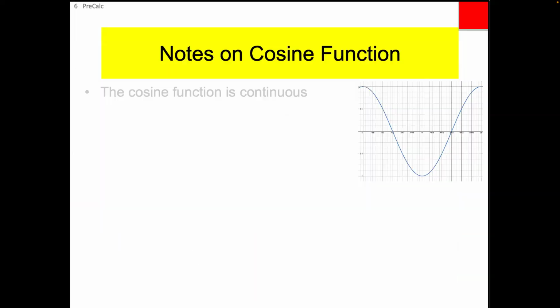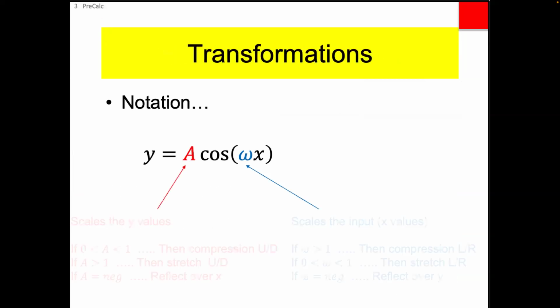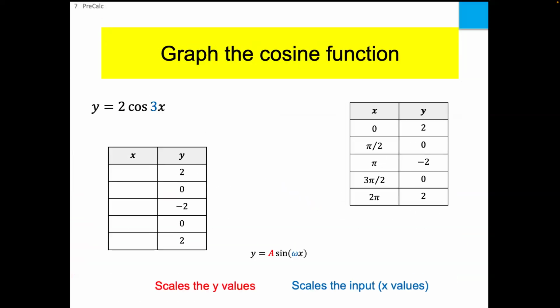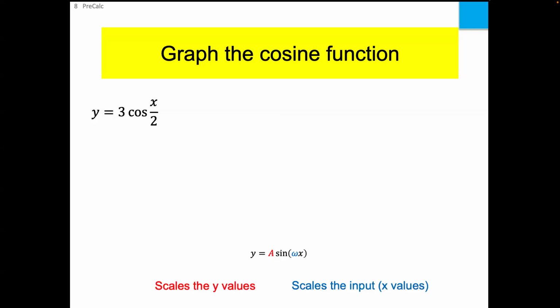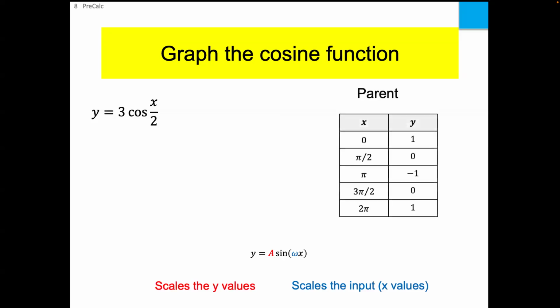All right. Let's do this one. So what's happening? What's going on with this one? The y's are being multiplied by 3, and the x's are being, she didn't say divided by 2, she said multiplied by 2, because remember, it's always the opposite. So we take our parent function, this is cosine, don't do the sine, do the cosine.